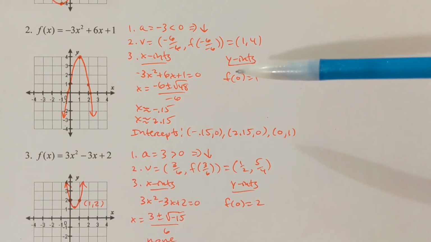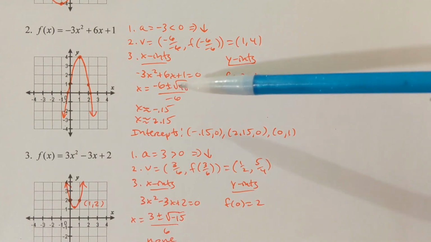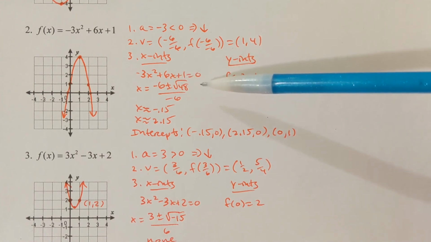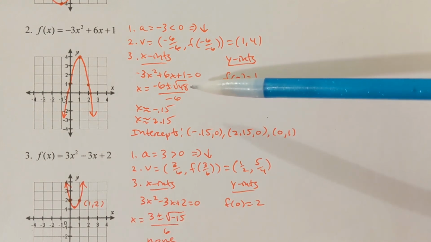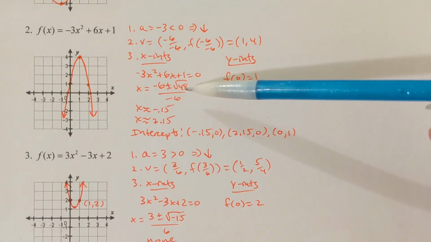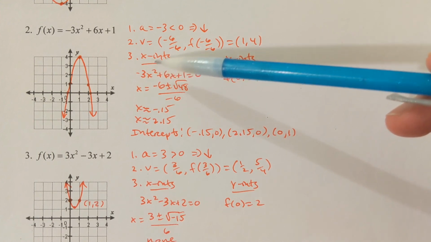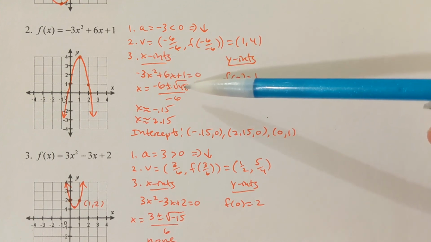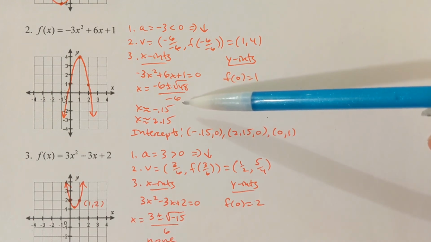To find the x-intercepts, I let y be 0. And to solve this equation here, I need to use the quadratic formula. x is equal to the opposite of b, plus or minus the square root of b² - 4ac. So 36 minus 4 times negative 3 times 1, 36 plus 12 is 48, divided by negative 6.